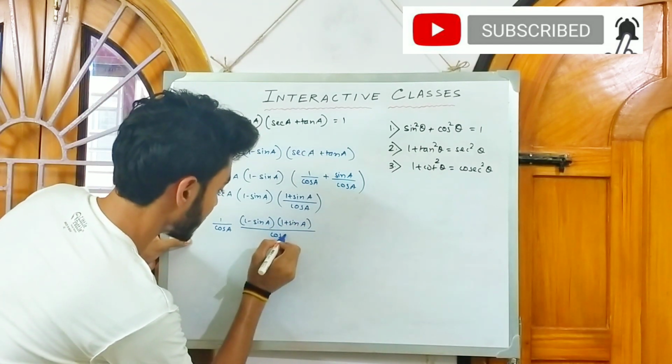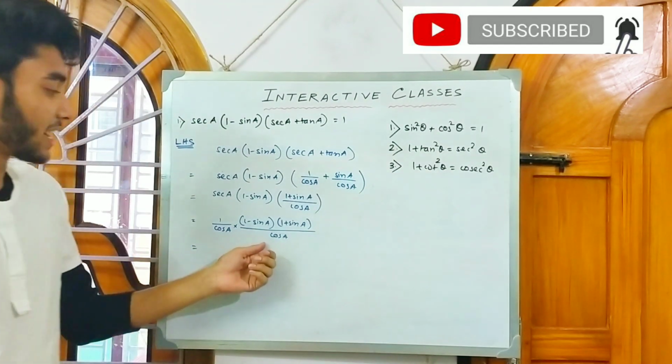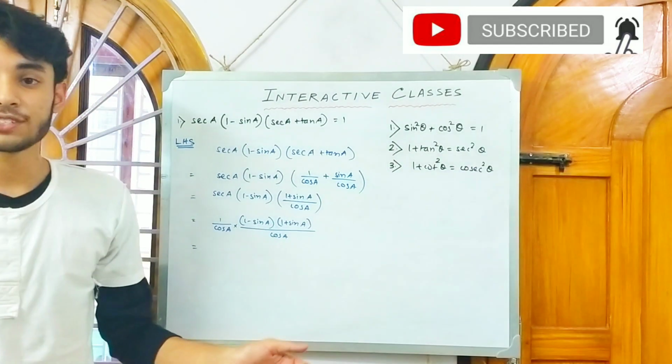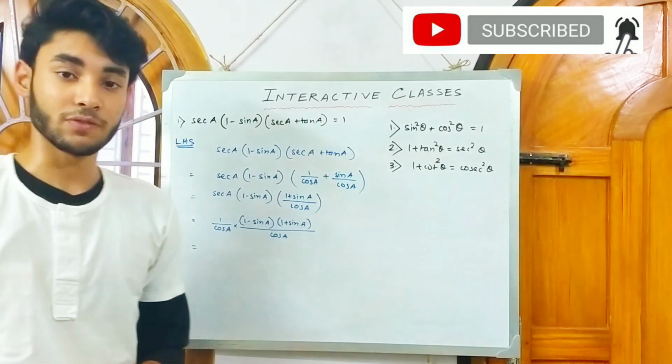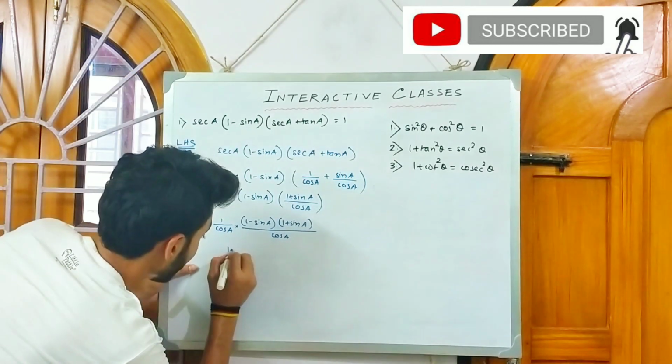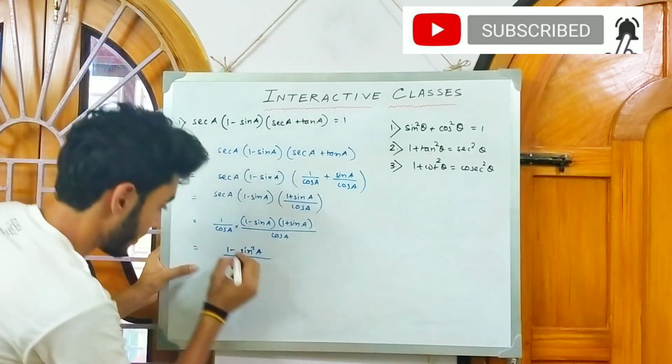So 1 by cos a into (1 minus sin a)(1 plus sin a) by cos a. Now (1 minus sin a) into (1 plus sin a) can be written as 1 minus sin squared a by the (a minus b)(a plus b) formula, and cos a into cos a is cos squared a.